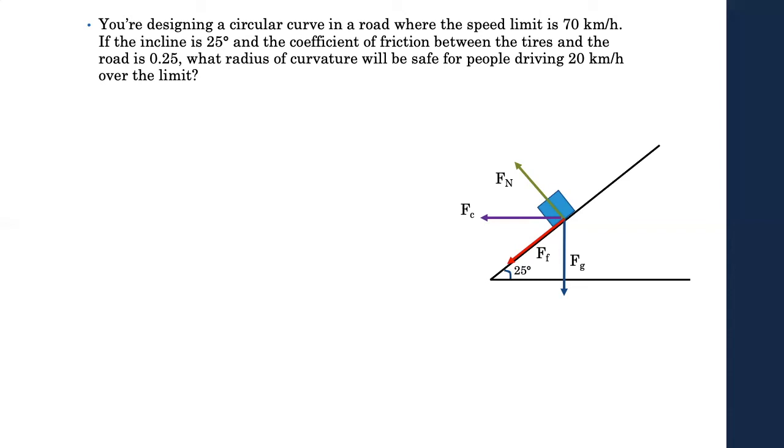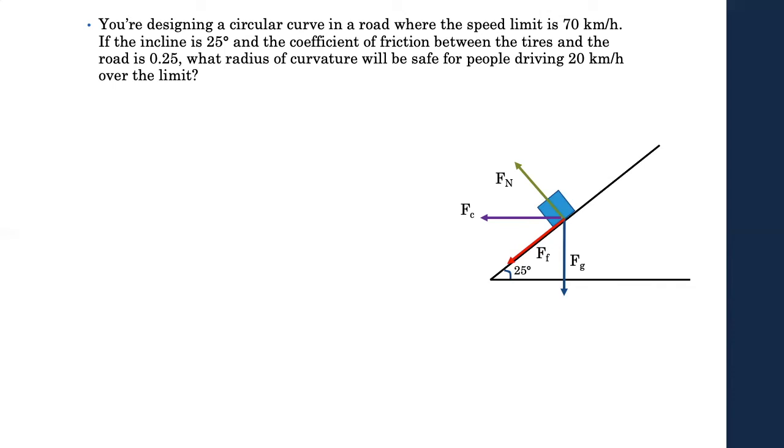So you're working inwards. And so you're looking for the maximum size of the radius. Yeah. So then if you were looking for the minimum radius, it would be the opposite.